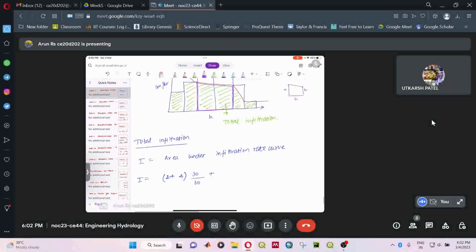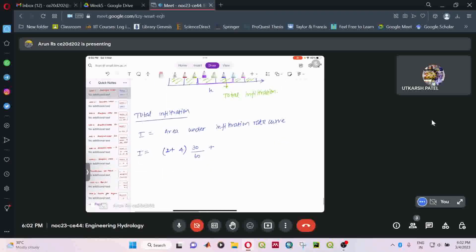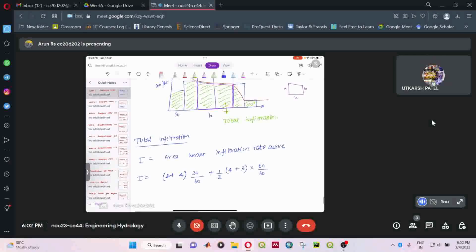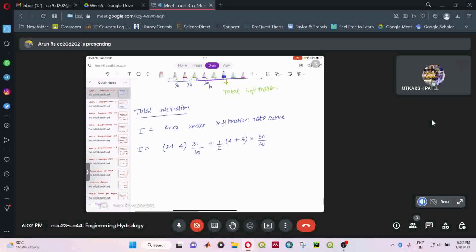So I'm going to calculate the area of the trapezium, that is half into A plus B. It varies from 4 to 3, into height, a total of 60 minutes, so into 60 by 60. Each time step is 30 minutes.